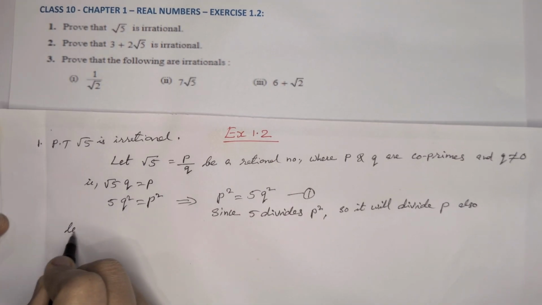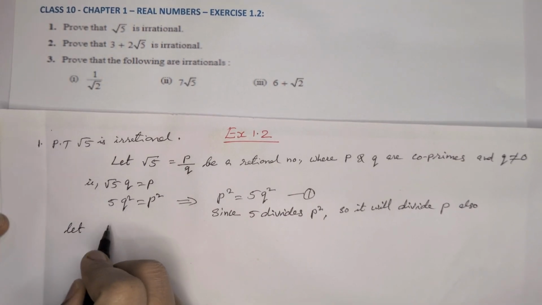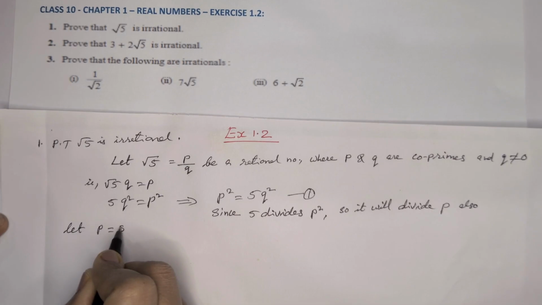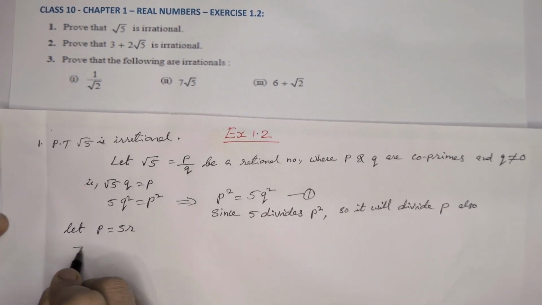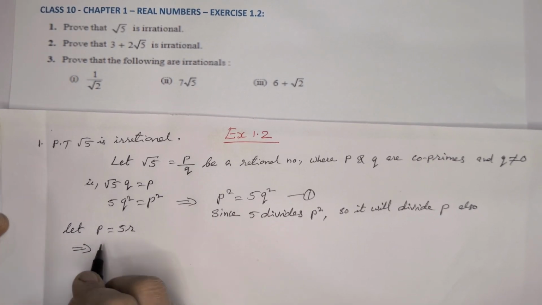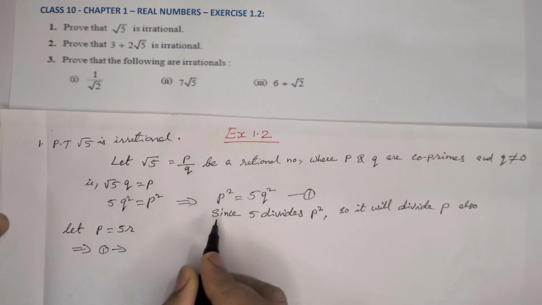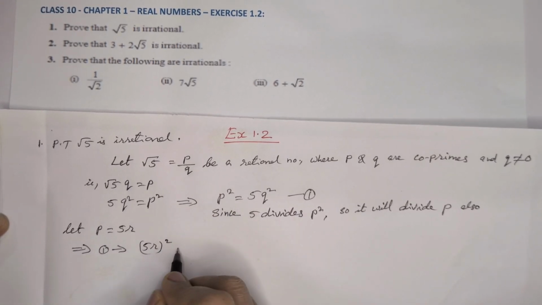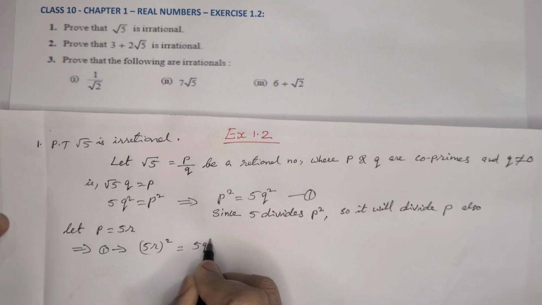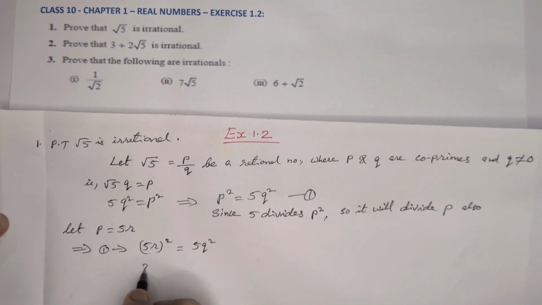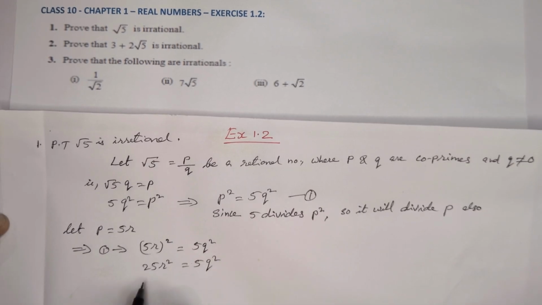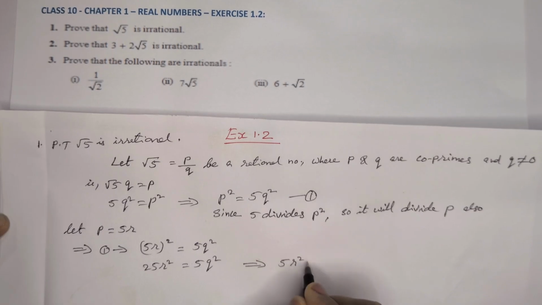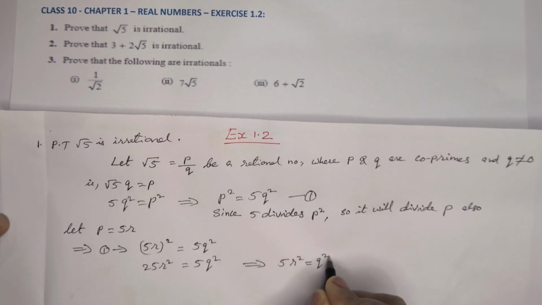Then we can take let P is equal to 5R, which implies equation number 1 we can write as 5R square is equal to 5Q square. That is 25R square is equal to 5Q square. Divide by 5, which implies 5R square is equal to Q square.